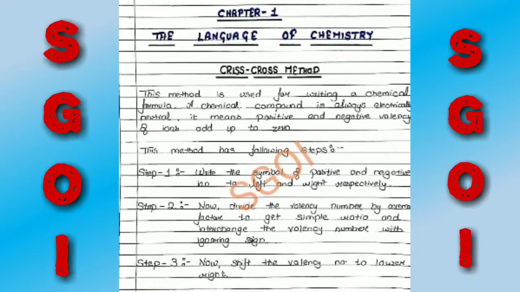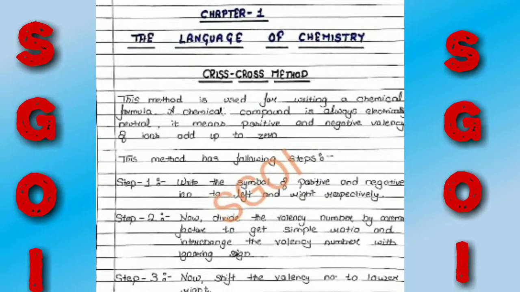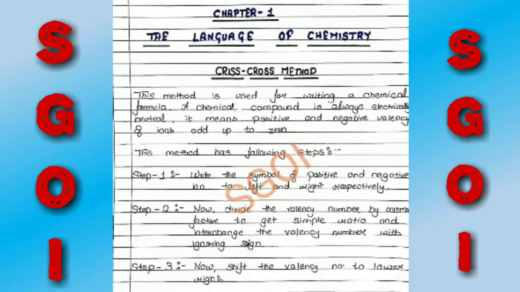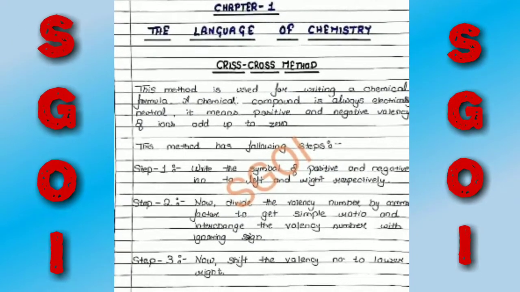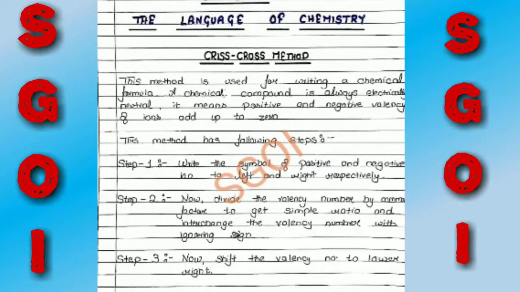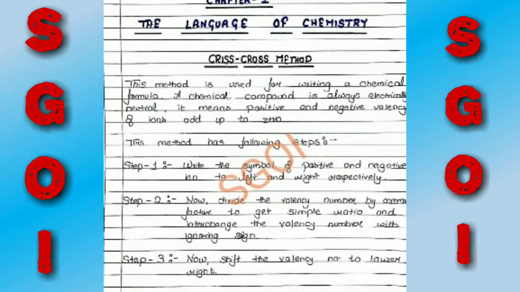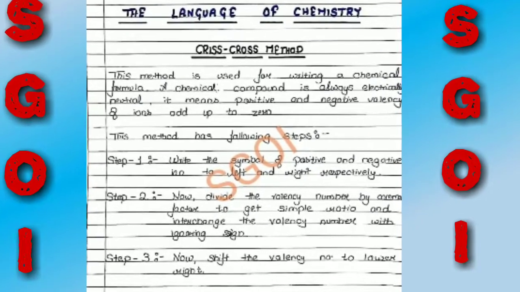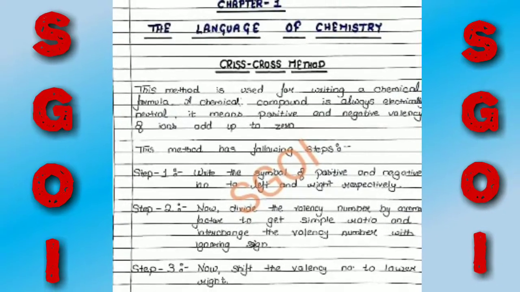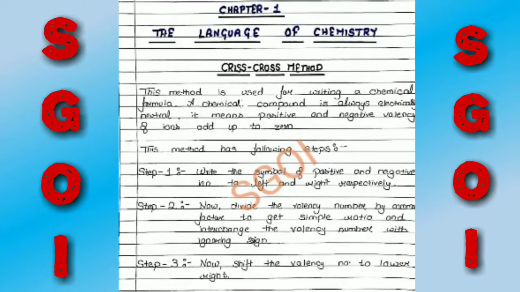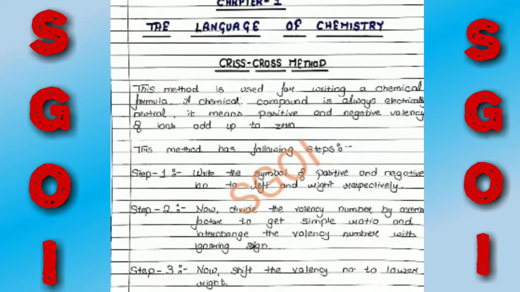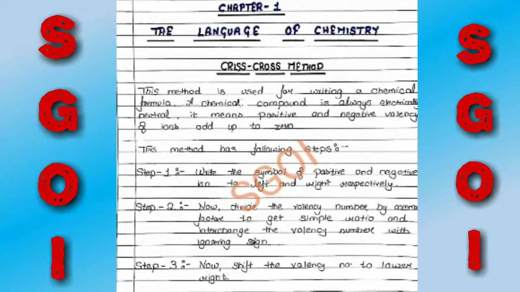And step 2, now divide the valency number by the common factor to get a simple ratio and interchange the valency number, ignoring the sign. It means there is no meaning of sign.